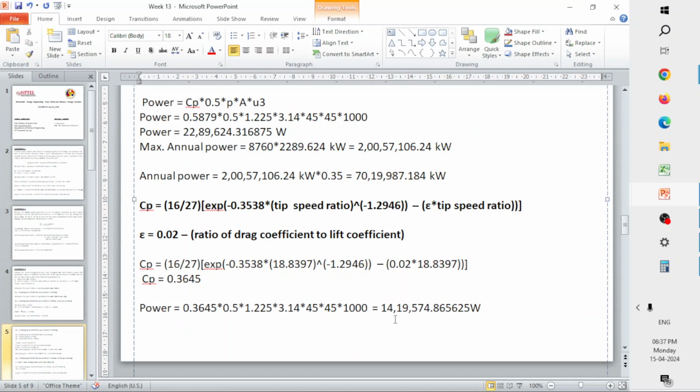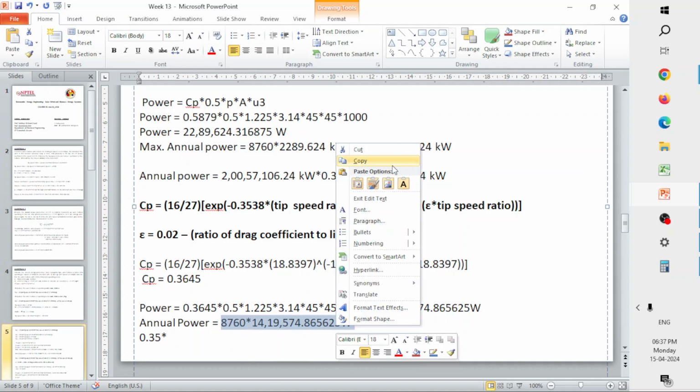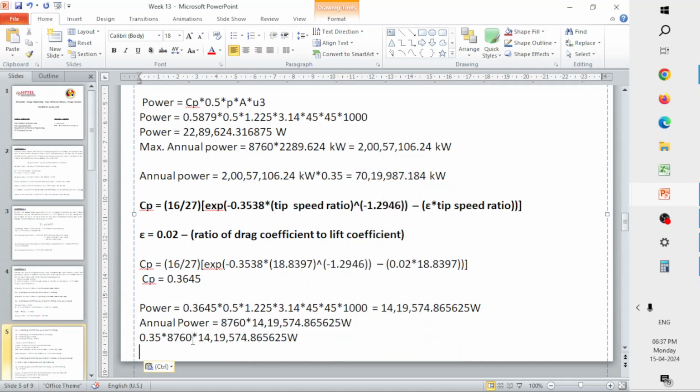Then you need to express this in terms of annual power. Maximum annual power will be 8760 times this, in watts. And since here the turbine efficiency is only 35%, multiplying by that will give you the final power that you can actually obtain.